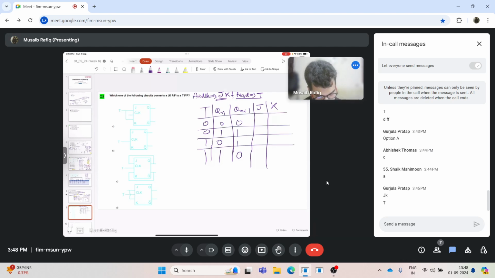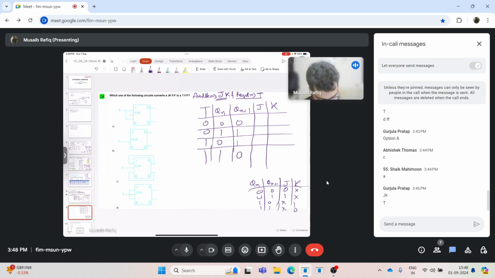Let me just write the excitation table here first for JK, then we can plug those values there. Qn, Qn plus 1: 0 0, 0 1, 1 0, 1 1. So it's 0x, 1x, x1, x0.